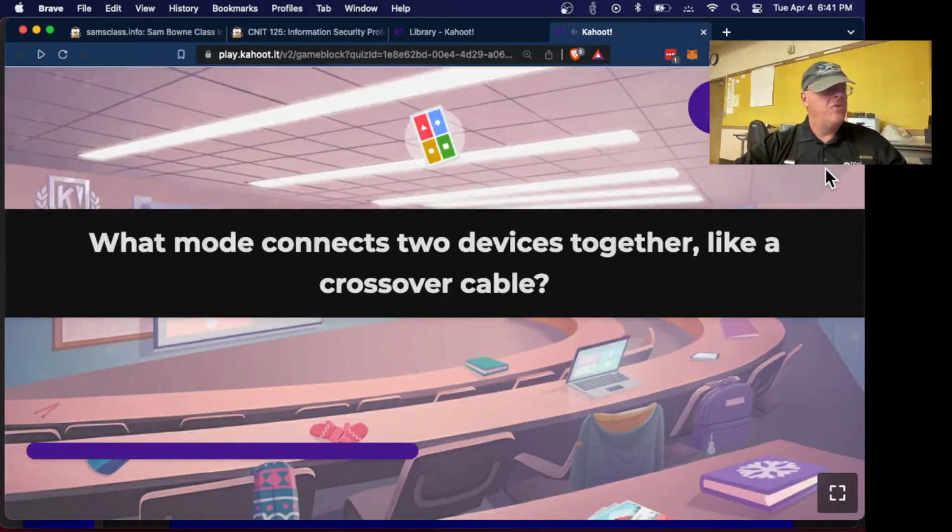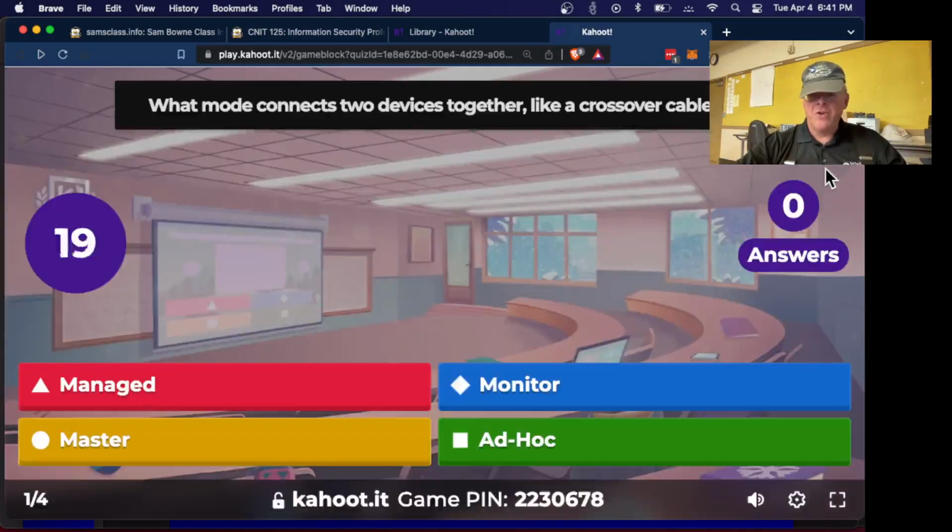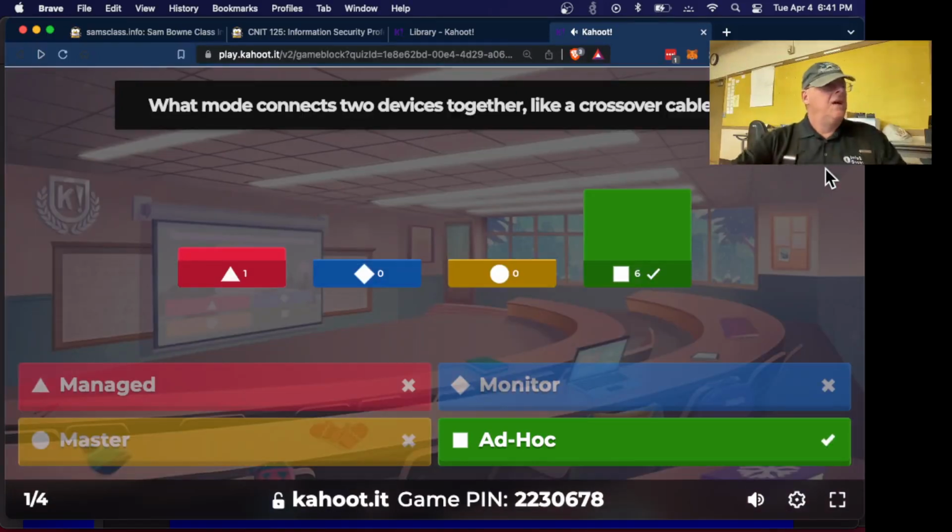All right, so what mode connects two devices together like a crossover? Yeah, ad hoc mode, good.